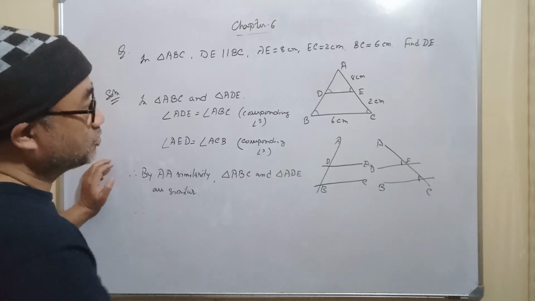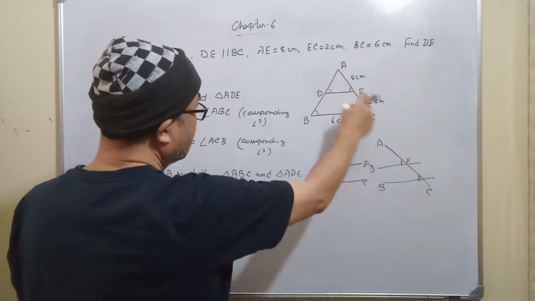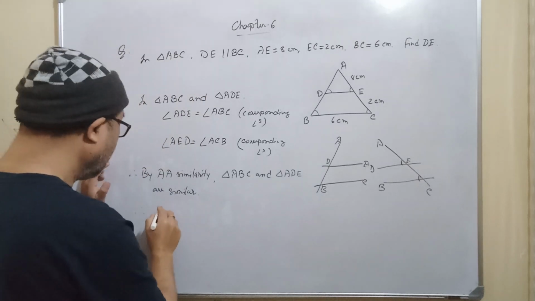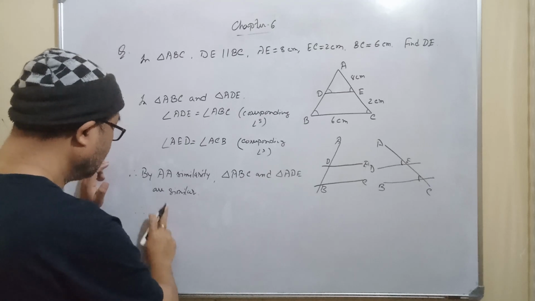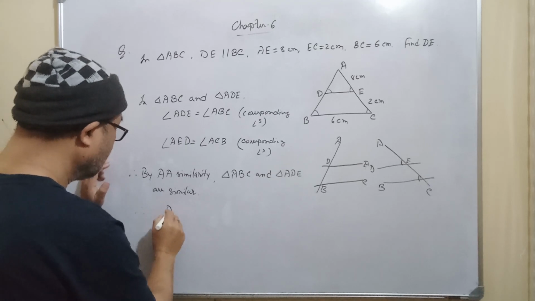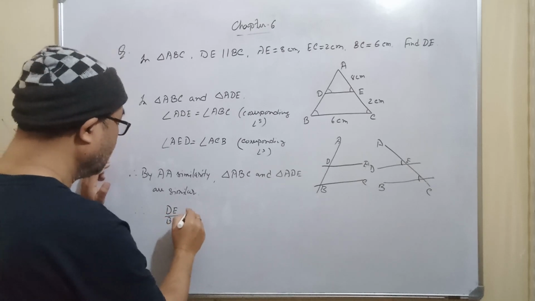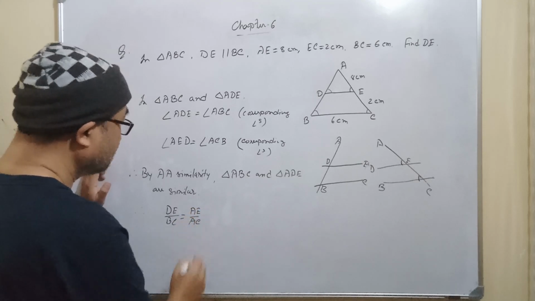Hence, if these two triangles, the smaller triangle and the bigger triangle, are similar, we have DE by BC is equal to AE by AC.